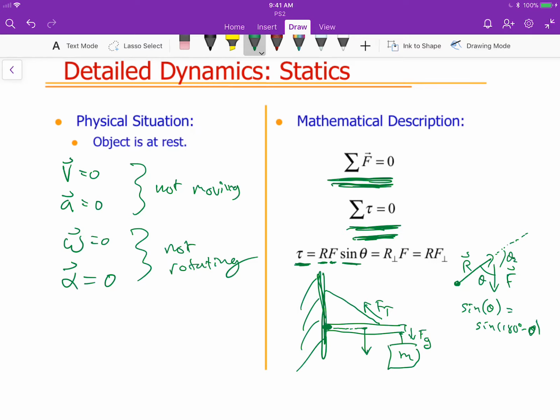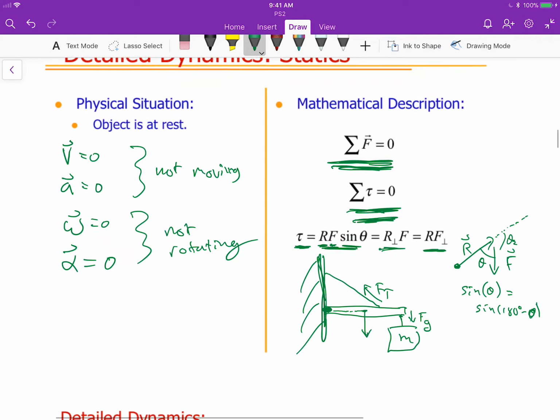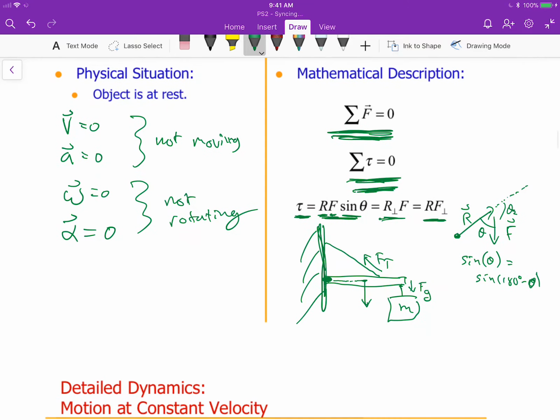That's kind of nice. We also have 2 other ways of thinking about the torque, and if you want to review those, I'd recommend looking at the lecture, but as long as you have this one definition, rF sine theta, you should be all set.